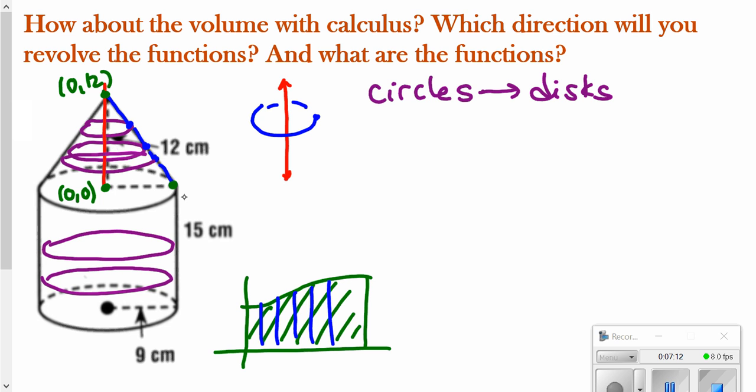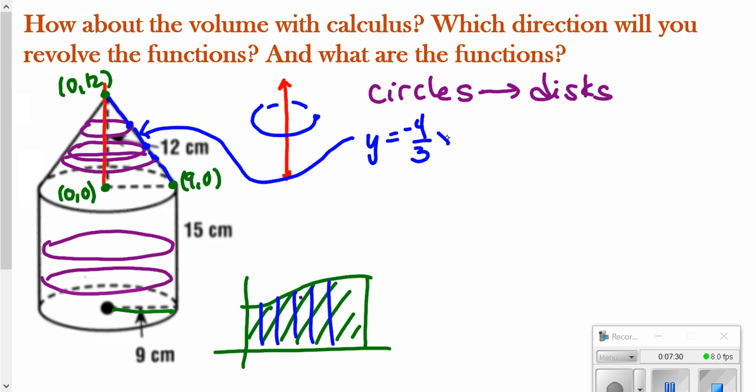And this point over here, because the radius is given to be 9, would be (9, 0). So what that would tell me with a little bit of effort is that this line is y equals, let's see, a slope of negative 4/3 x and a y-intercept of 12. Okay, so that's what I am looking at.